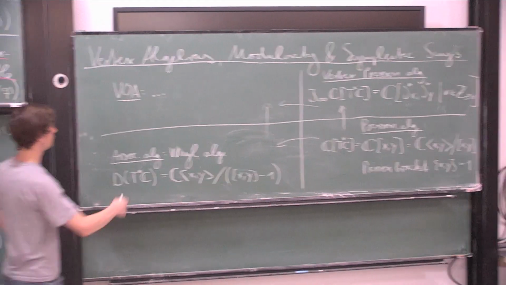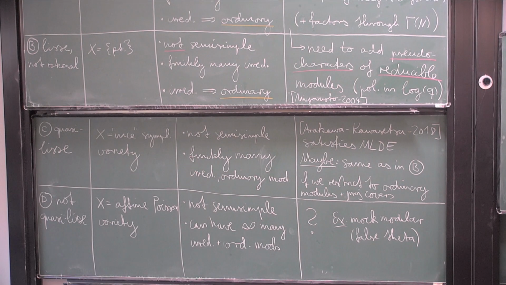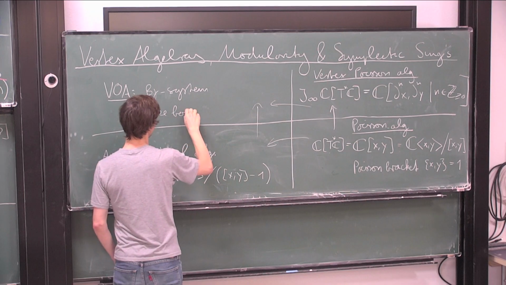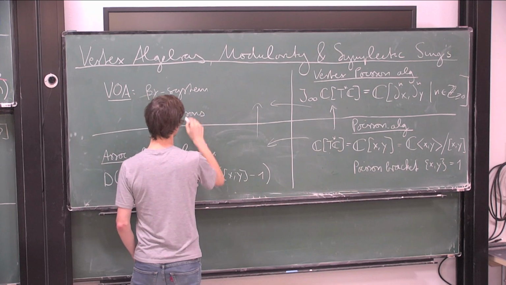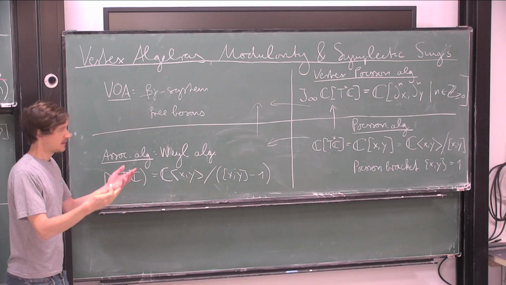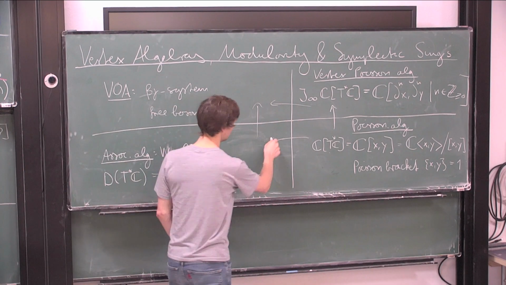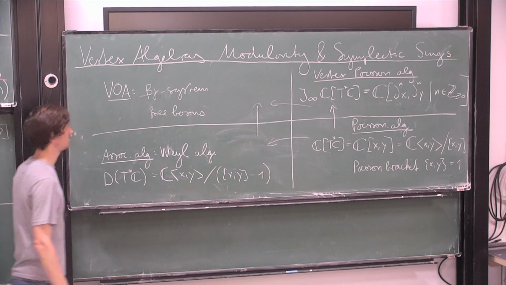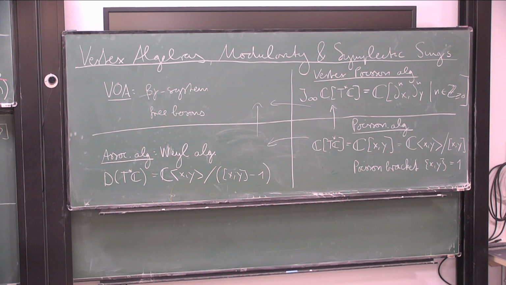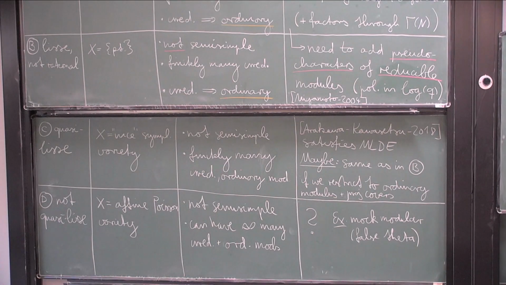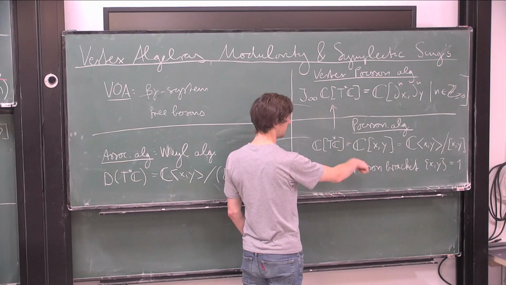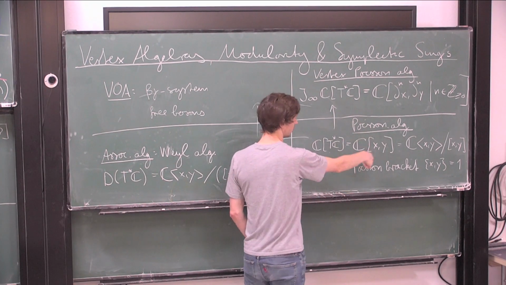Here the vertex algebra, in this particular example, would be called the beta-gamma system or free bosons. This is a very easy example of a vertex algebra; physicists like to call them free bosons or the beta-gamma system. You can think of vertex algebras as non-commutative, chiralized versions of these Poisson algebras.